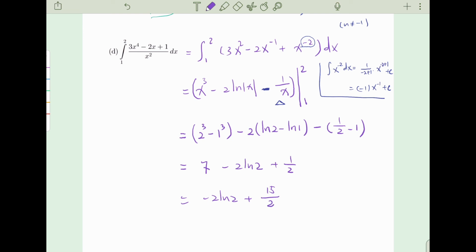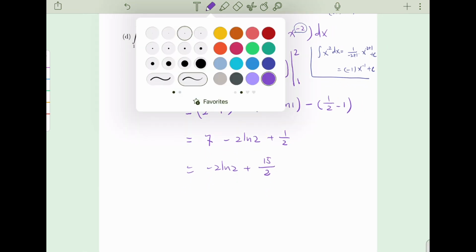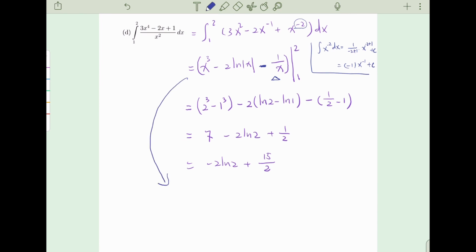If you're not comfortable seeing this subtraction, you can do it the other way. Plug in 2 first: 2 cubed minus 2 ln 2 minus 1 over 2. That is the expression obtained by plugging in 2, minus the expression obtained by plugging in 1: 1 cubed minus 2 ln 1 minus 1 over 1.